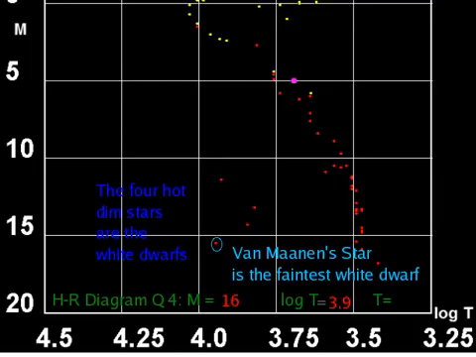So the 3.9 should be the exponent of the 10. So it should be something just under 10,000 because 10 to the 4 would be a temperature of 10,000. Of course, it's not a linear scale, but it should be somewhere a little bit less than 10,000 degrees.